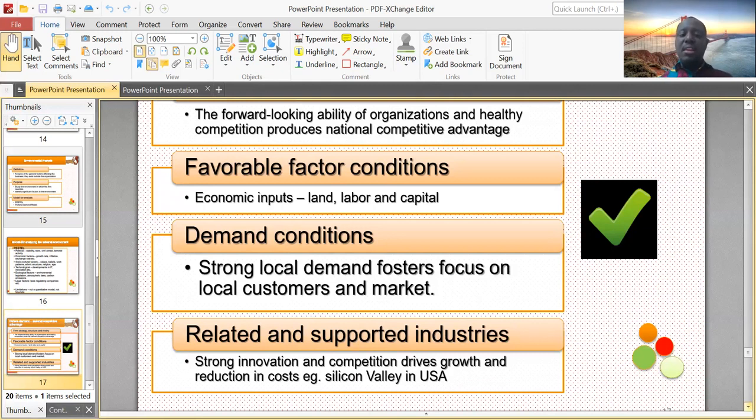So the related and support industries also drive national competitive advantage. So this is also another model which you can use to assess your environment, but this is on a national level. It's a very, very useful model which you can use when you are looking at things from a national perspective. Very, very key.